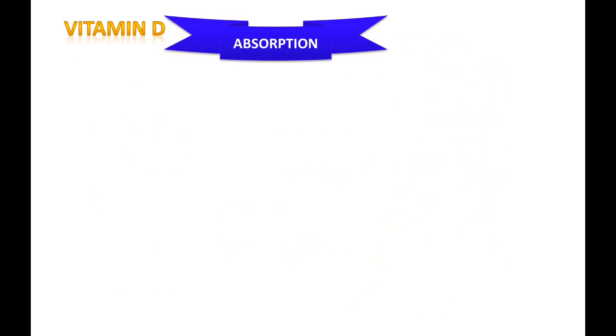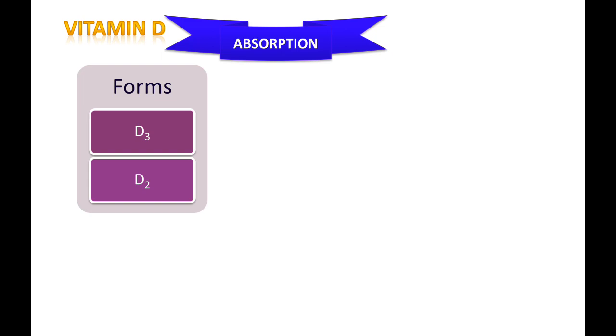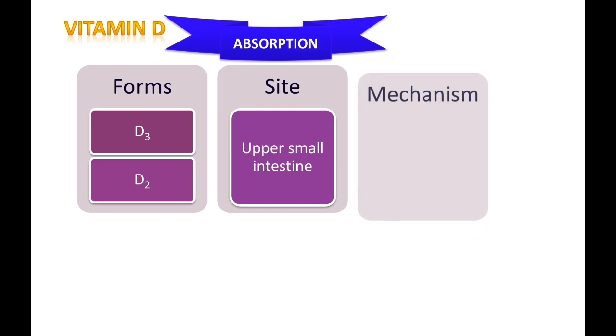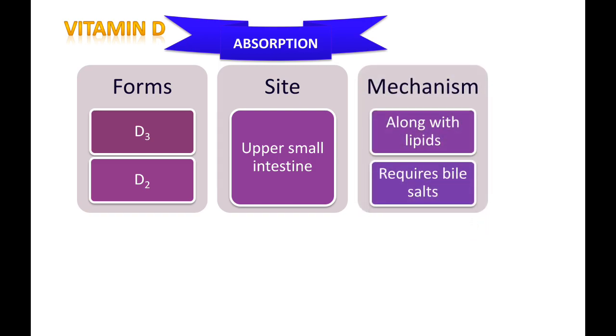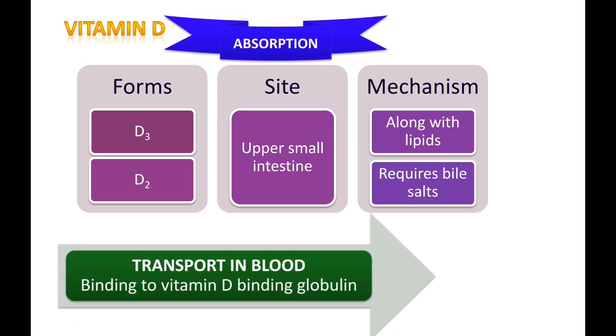Next, after we take it, there are two forms, vitamin D2 and vitamin D3. One is a plant source, one is an animal source. It is absorbed in the upper small intestine of the GI tract, which requires bile salts, and it is absorbed into the blood along with the lipids.